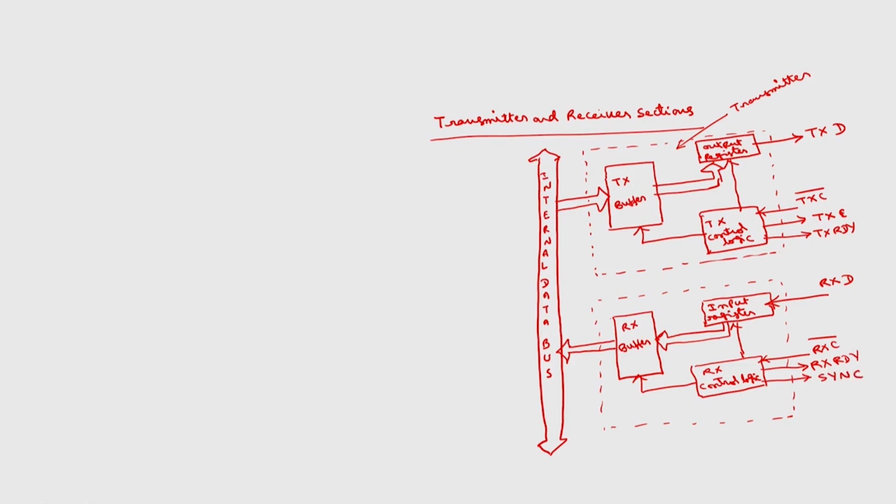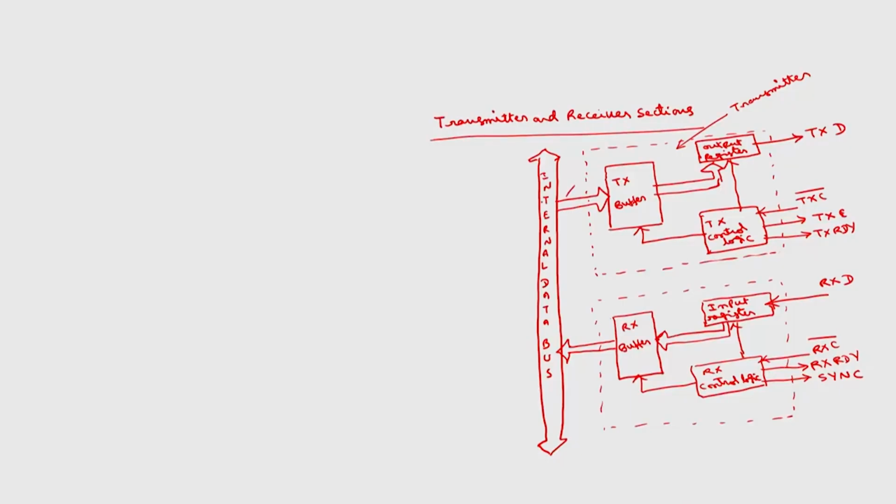Now, coming to the functions of transmitter ready, transmit data, receive data and so on. Whenever this transmitter is ready to receive data, it will interrupt the microprocessor. The microprocessor places the data on the data bus, and that data is placed here.